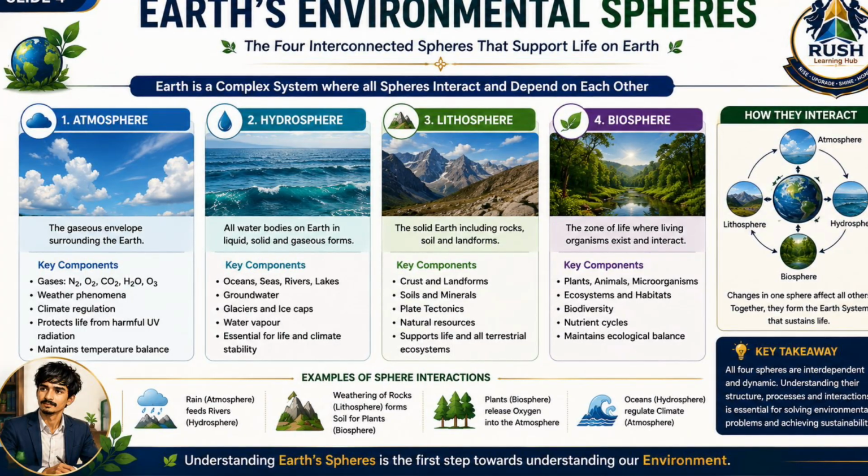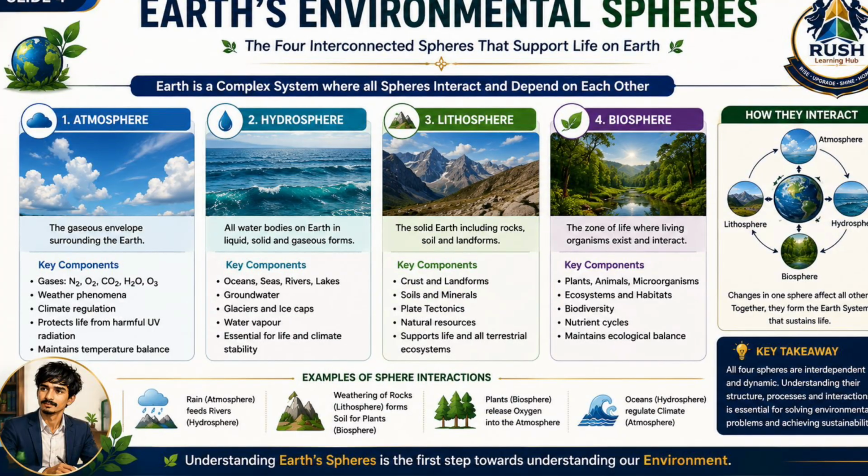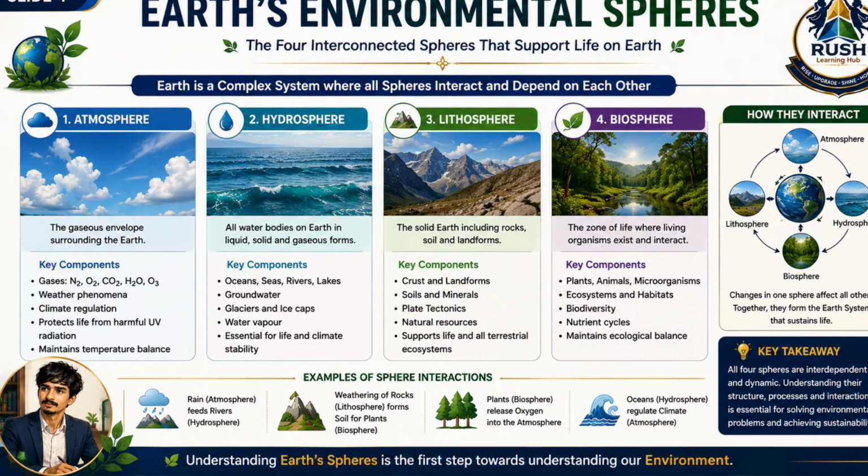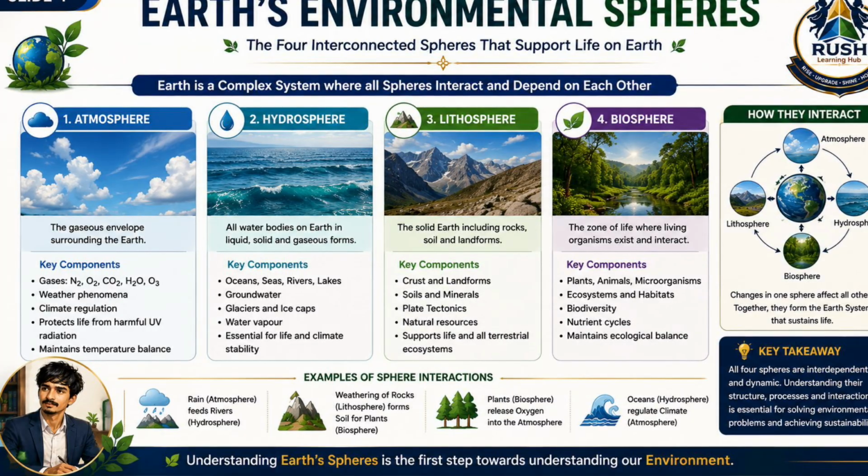From the UGC NET perspective, it is important to remember that the atmosphere is divided into 5 major layers: the troposphere, stratosphere, mesosphere, thermosphere, and exosphere. Most weather phenomena occur in the troposphere, while the ozone layer is located in the stratosphere.